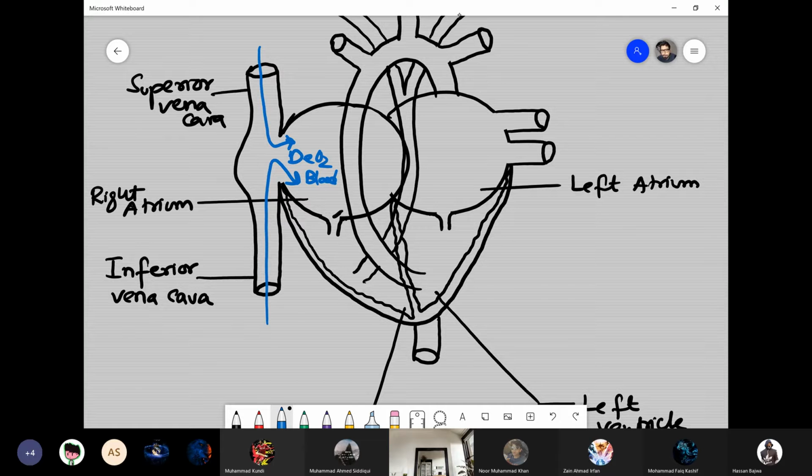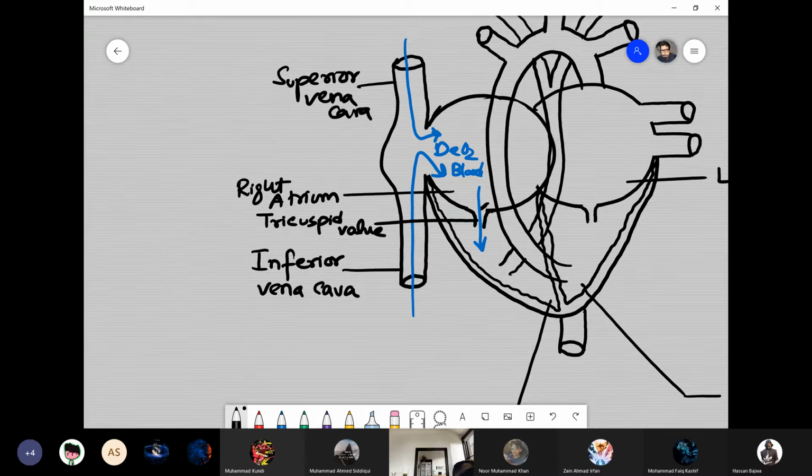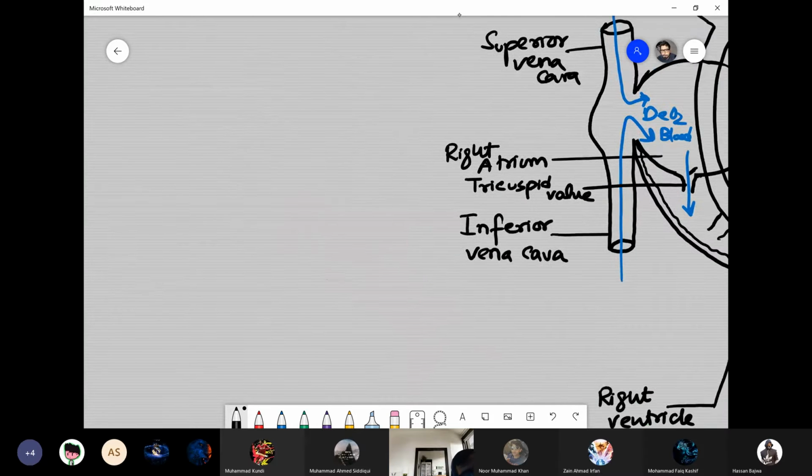Then, boys, this right atrium contracts, and this deoxygenated blood passes from the right atrium into the right ventricle, passing through this valve, which is called the tricuspid valve. If you remember, in the last lecture I told you the meaning of tricuspid.